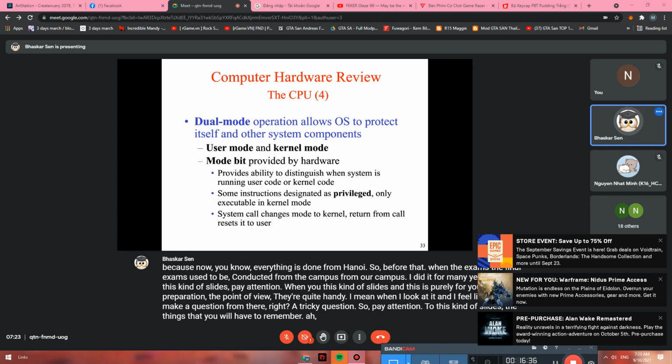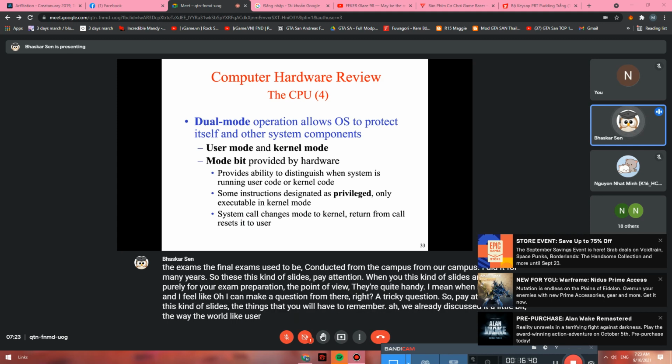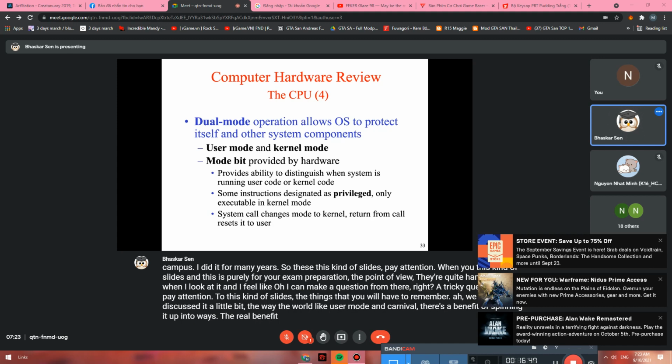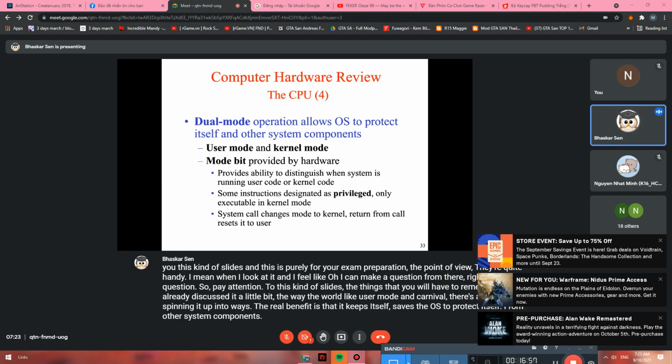We already discussed a little bit the way they work, like user mode and kernel mode. There's a benefit of splitting it in two ways. The real benefit is that it keeps the OS safe, protecting itself from other system components. Protection, because remember, the kernel is the most important.